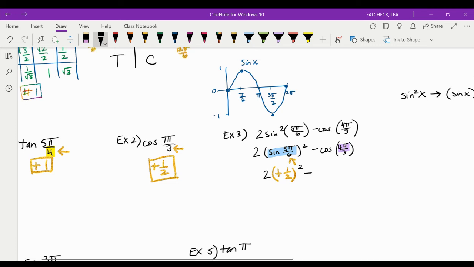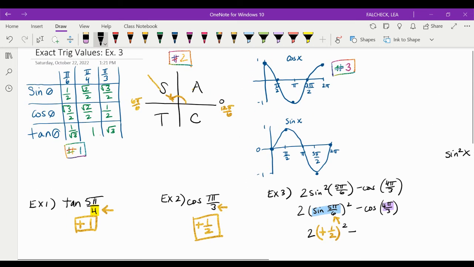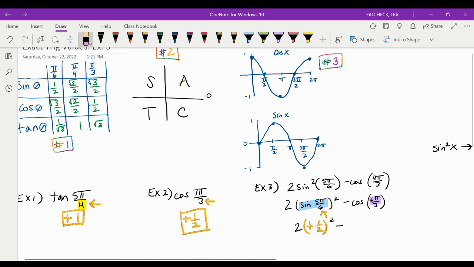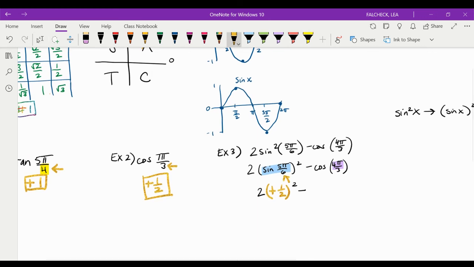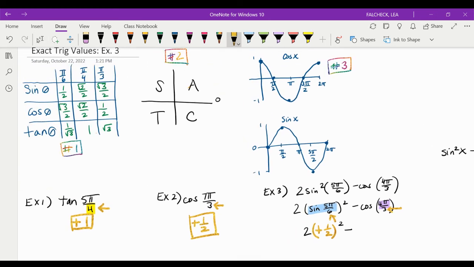Okay, now let's talk about the cosine of 4 pi over 3. This time I'm going to be counting in increments of pi over 3 because the denominator is a 3. I'm going to rewrite it as 0, 3 pi over 3, and 6 pi over 3. I rotate through past the second quadrant, and I end up in the third quadrant.